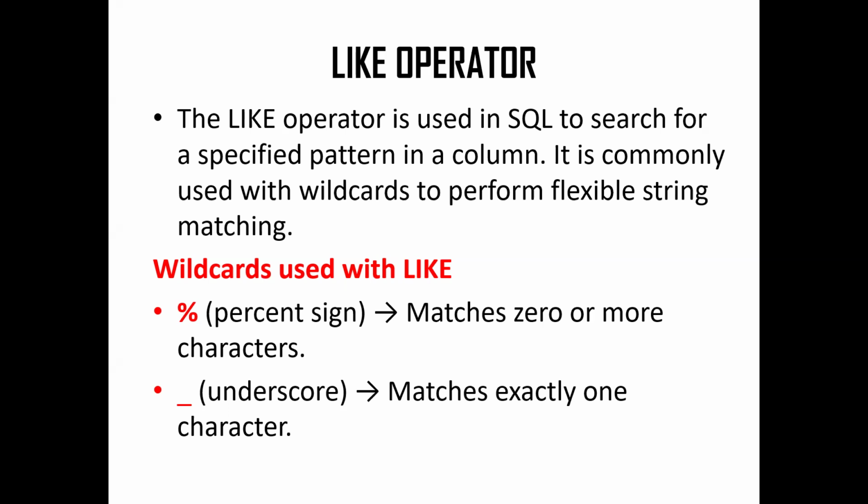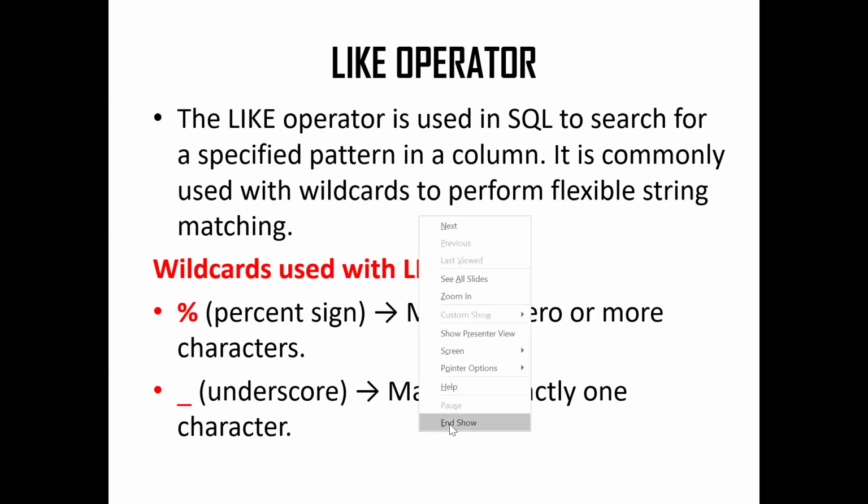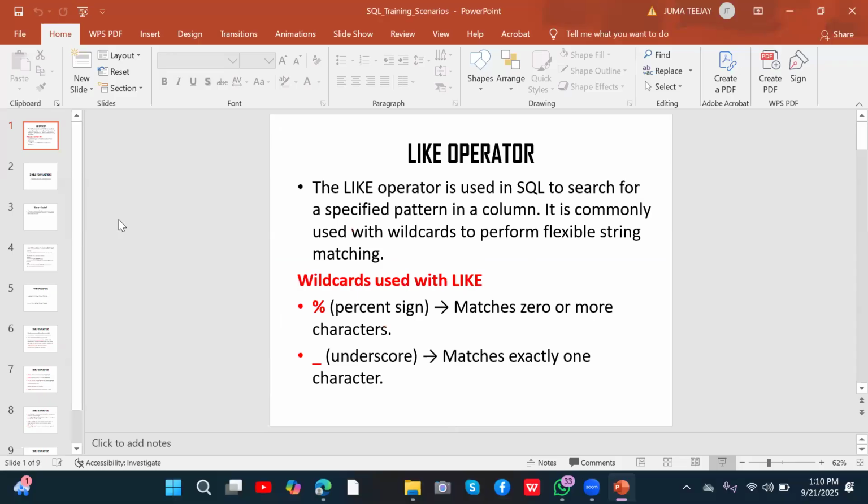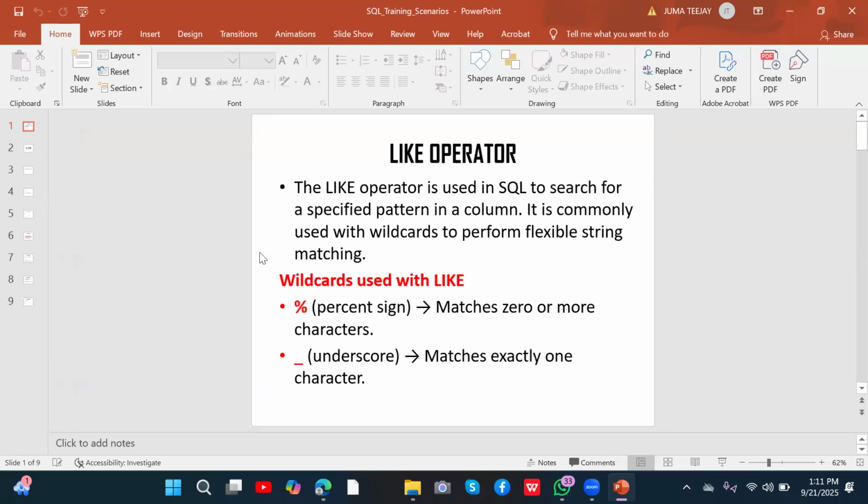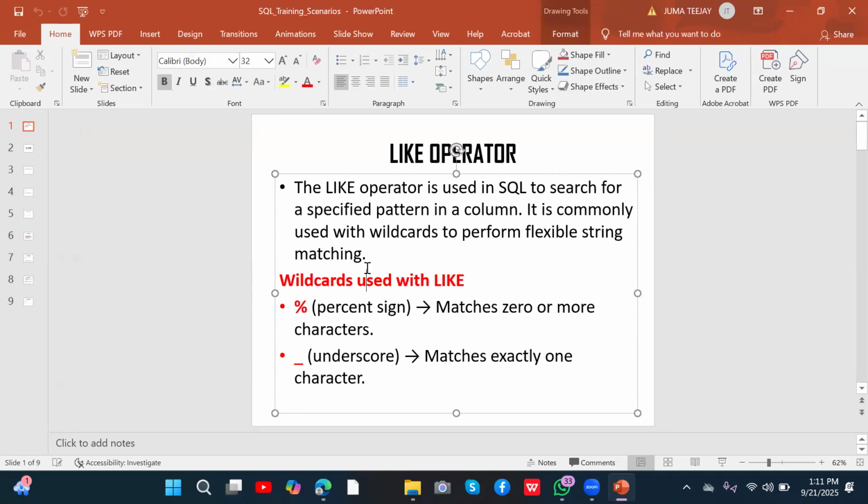We are going to look basically at the like operator. We are going to open our SQL command line for us to be able to understand and appreciate the purpose of the like operator. In the organization, you, the data analyst, can be requested to search for a specified pattern in a column.